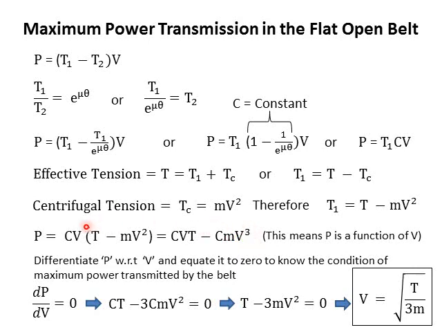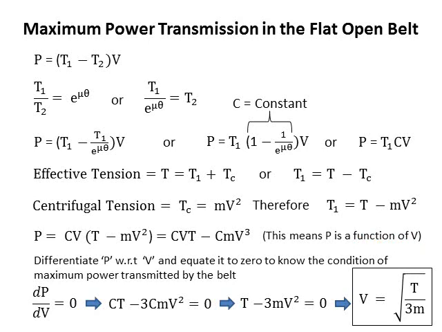This equation gives us a sense that power is a function of velocity. The higher the velocity of the belt, the more power will be transmitted. So P is a function of v.